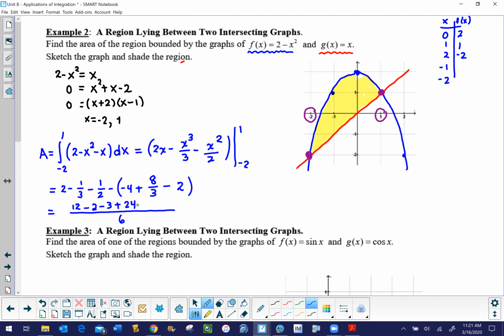A minus and a plus is a minus. 8/3 is 16/6. 2 negatives make a plus again, and 2 would be another 12/6. And if we do all of the addition with all of these numerators, we get 27, right, when all is said and done. And then we could reduce to be 9/2.